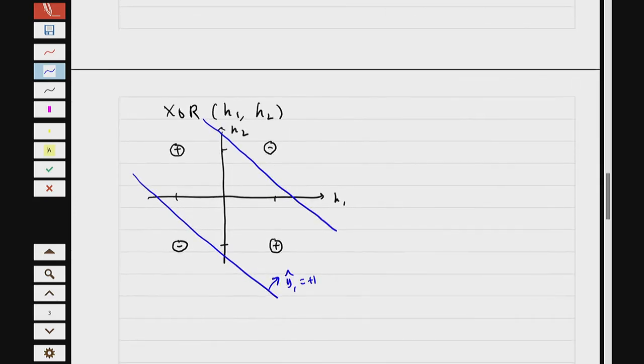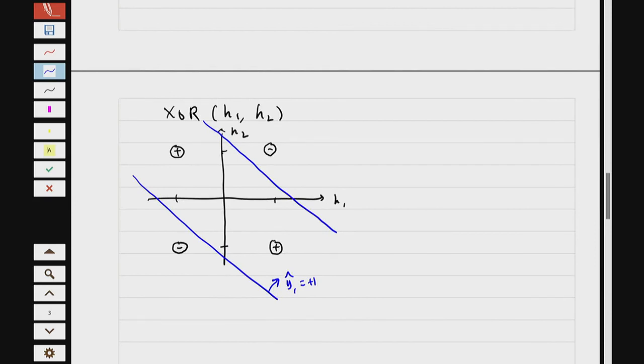And for the line above, if we use the same perceptron as before, then going downwards is actually minus 1, yeah? If I go this direction, then this is y2 hat equal to +1, yeah? So the opposite direction will be -1, yeah? Okay.